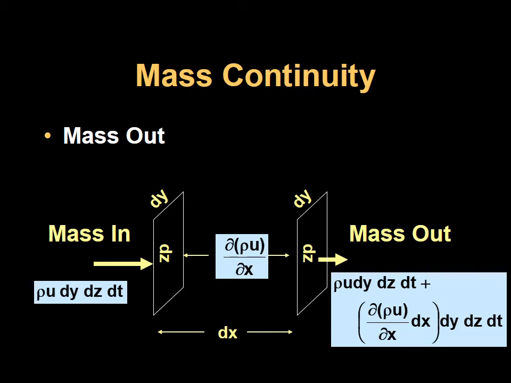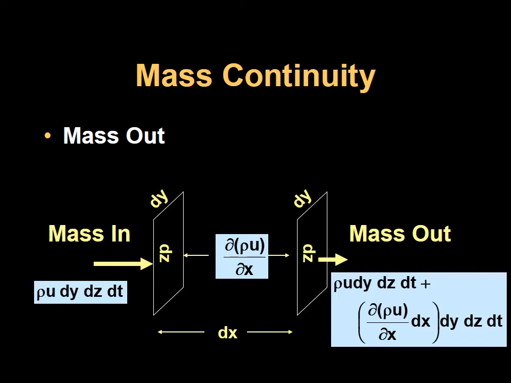Now, the mass coming out depends upon how the air changes as it moves from one side of the box to the other. As the air comes in, it might be slowing down, so the velocity u is changing in the x direction. The density of the air might also be changing, so we have to put that in there too.